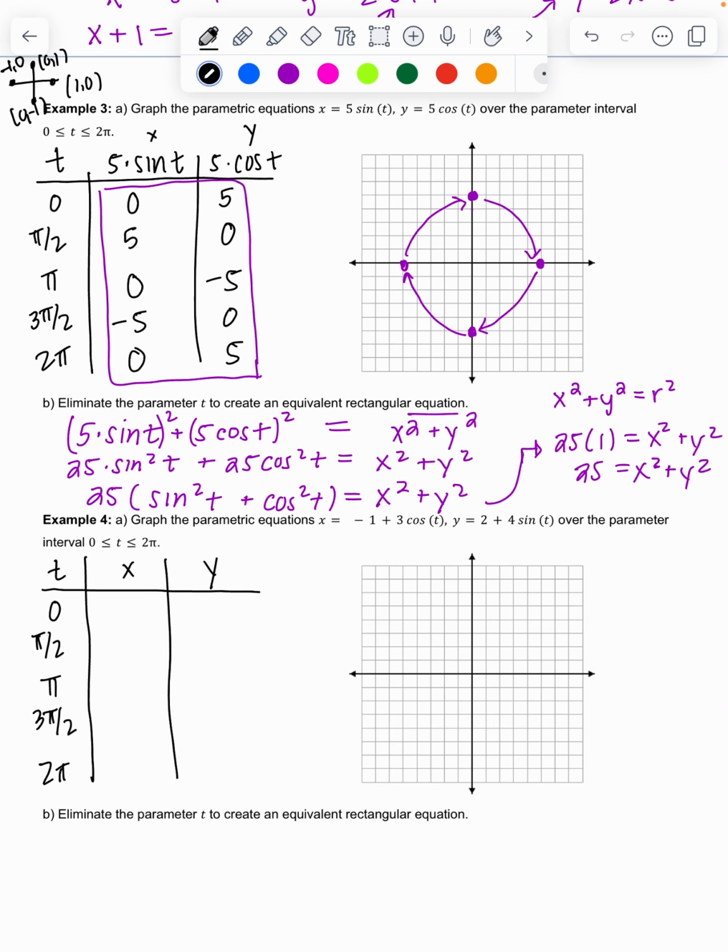I'm not going to talk through where these points are coming from because I'm just substituting those values in, using the unit circle knowledge of those points and evaluating the x and y's.